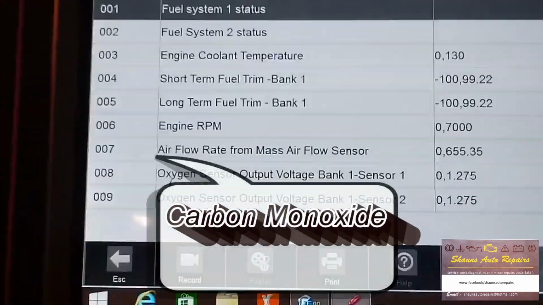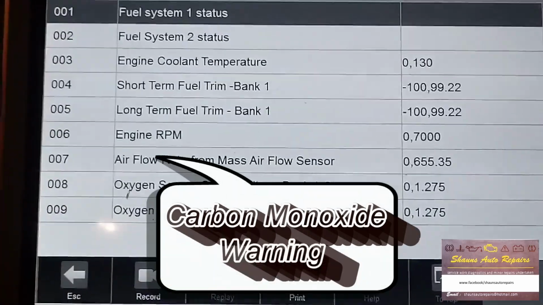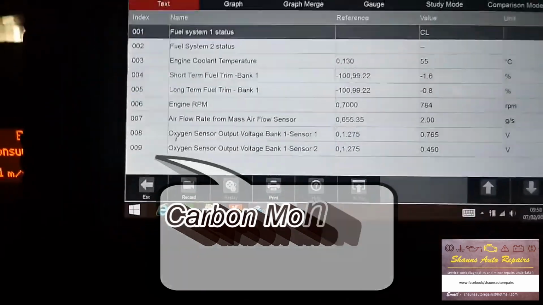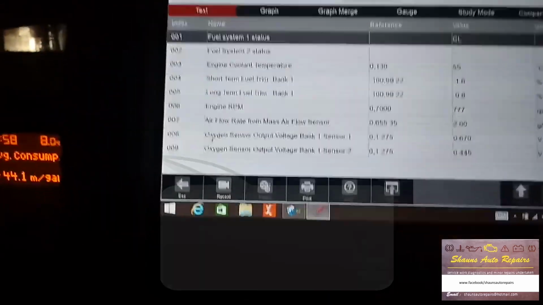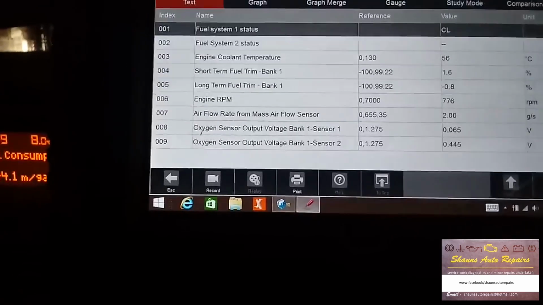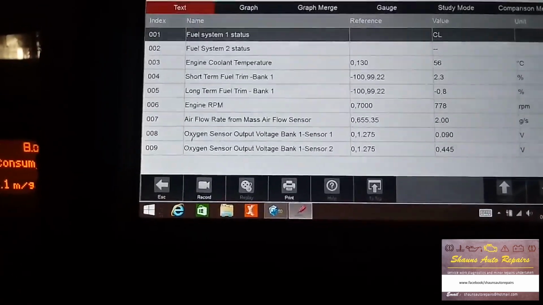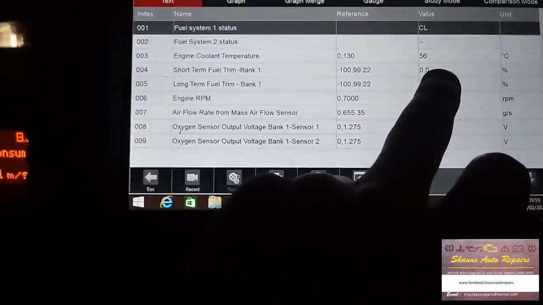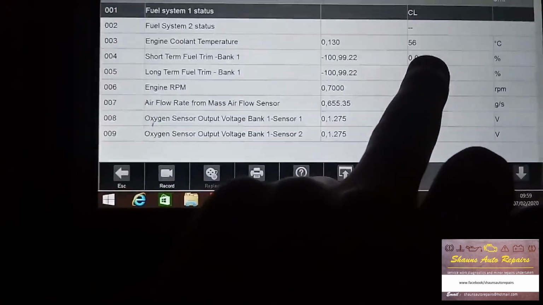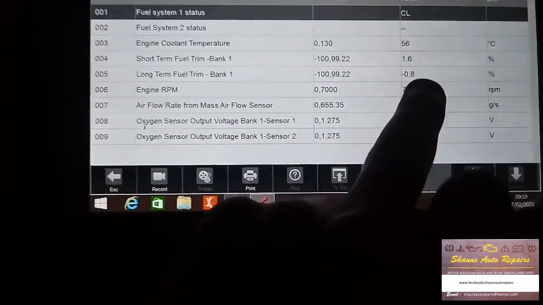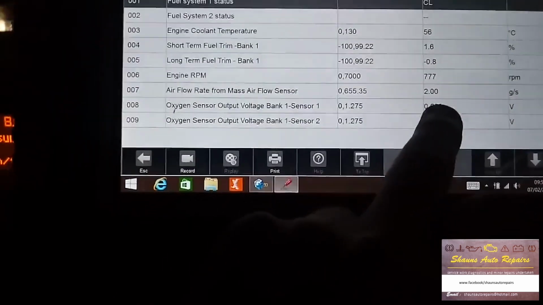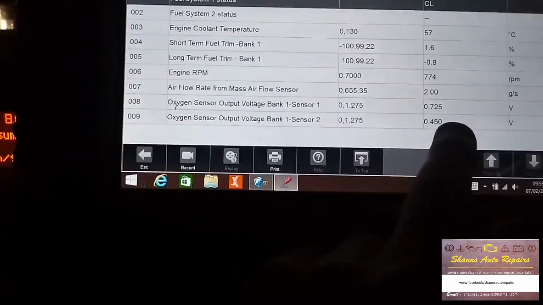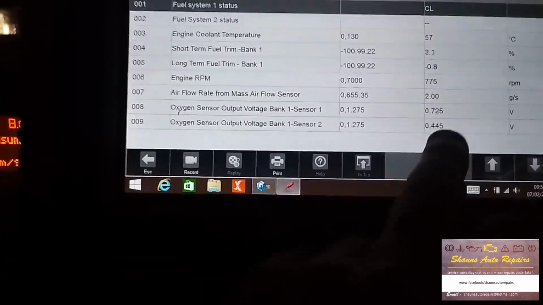Right, we're back. It's gone into closed loop today. Short term is fluctuating up and down nicely, so short term is basically 0. Long term is 0. Sensor 1, bank 1 is fluctuating okay.